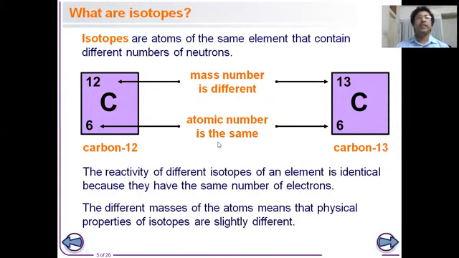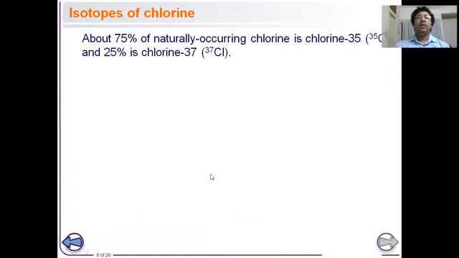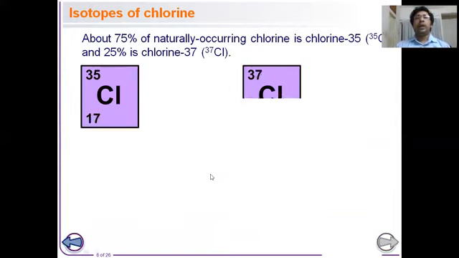Well, I'm going to change this slide again. So here a mathematical problem is given. Here we can see two isotopes of chlorine. And different isotopes exist in different amounts in nature. Chlorine 35 and chlorine 37 are the two atoms of chlorine.